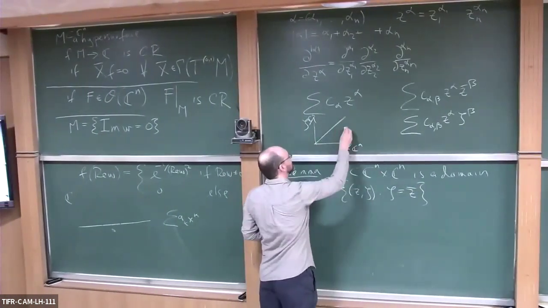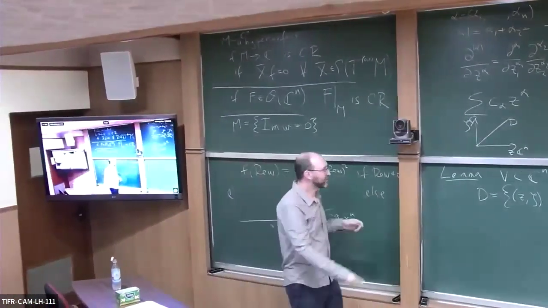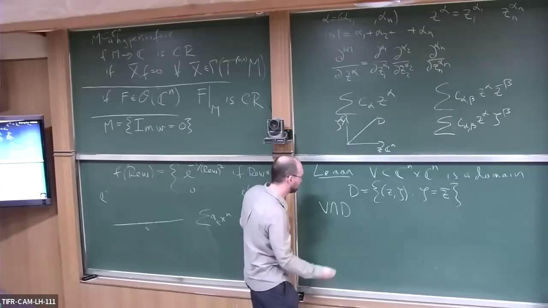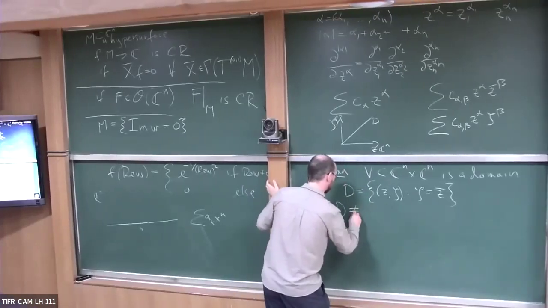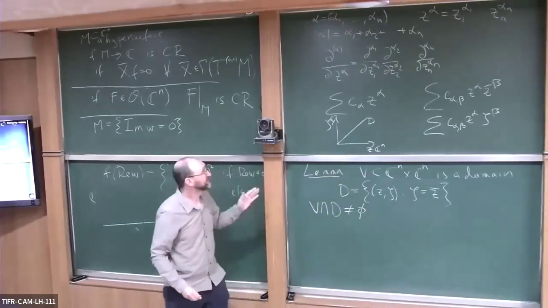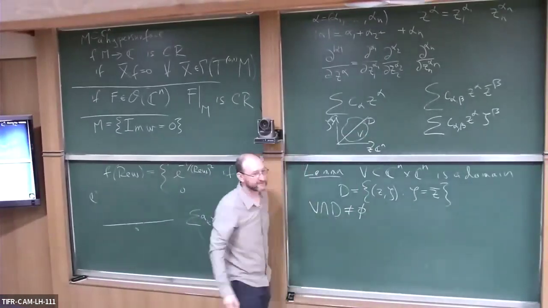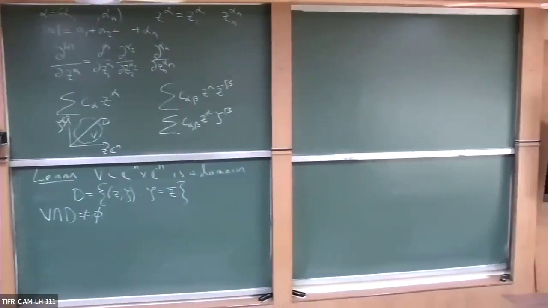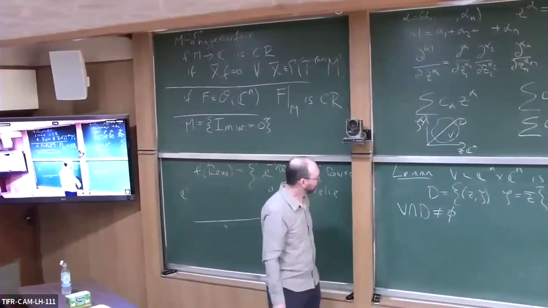Usually people draw it like this. That's the diagonal, right? And let's suppose that B intersect the diagonal is non-empty. Well, this B really is a domain in this complexified space.